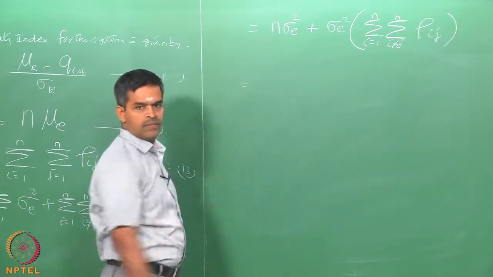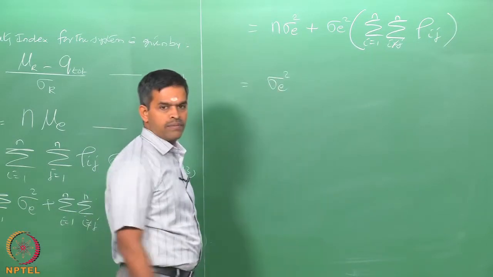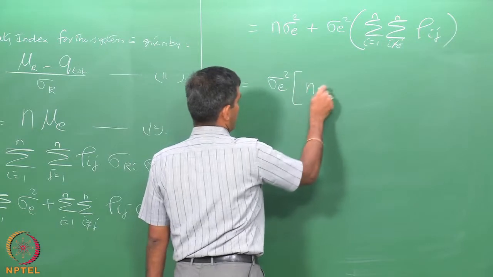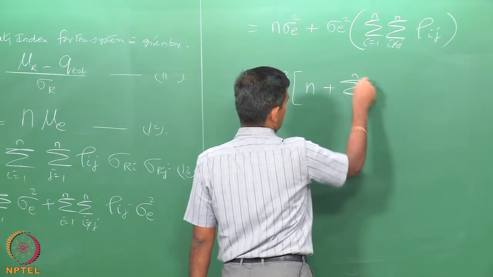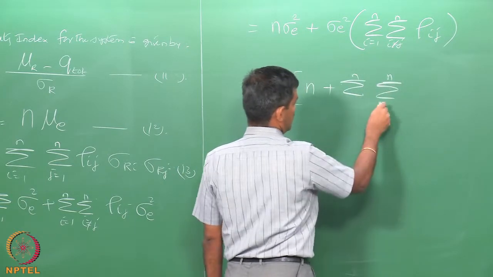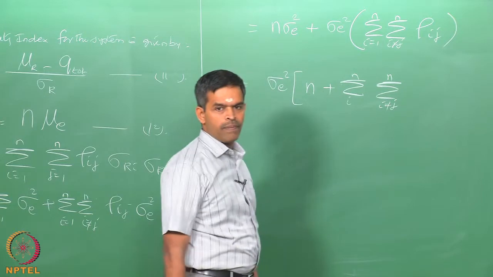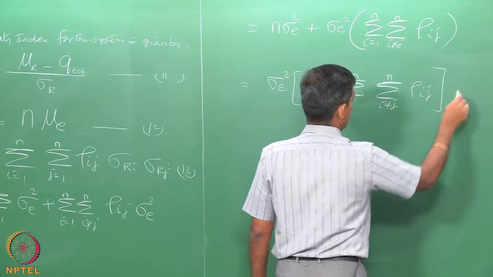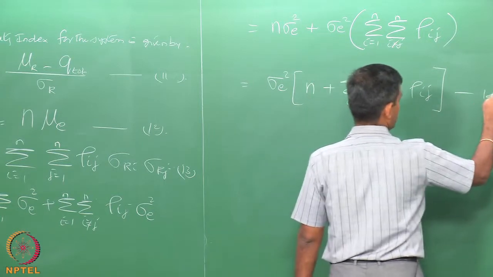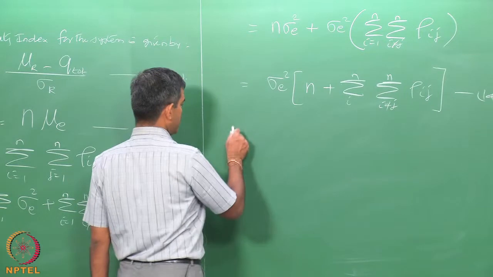Therefore, we can say sigma e square times n plus the summation over i not equal to j of rho ij, equation number 14.